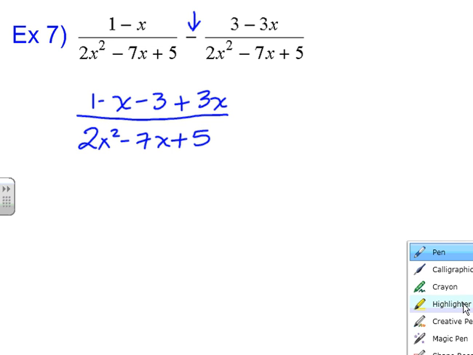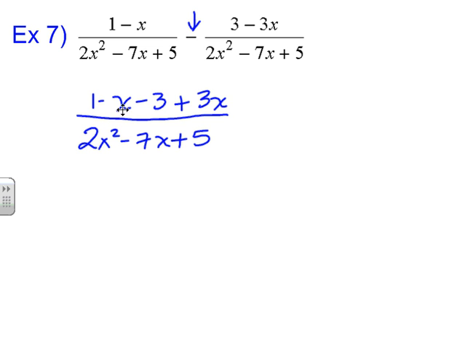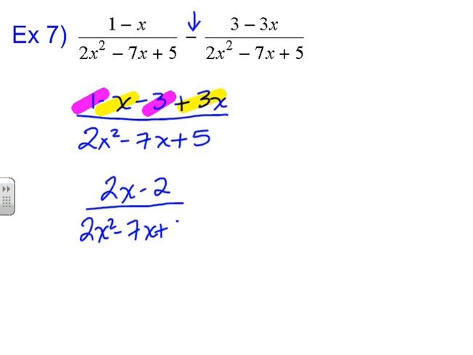We'll put together things that are alike. The x's will go together, and the constants will go together. That gives us 2x minus 2, all divided by 2x squared minus 7x plus 5.